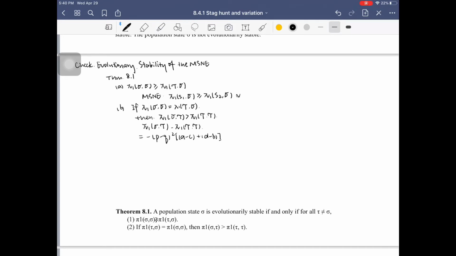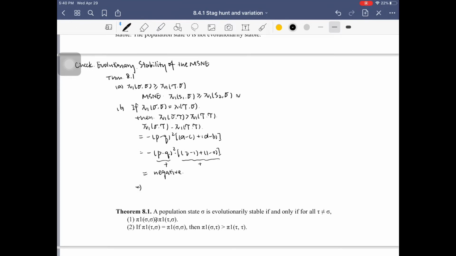It's an equation shown in the book, the final form after the induction, so we can directly use it. It's equal to negative p minus q squared. It's always positive for this part, and it's multiplied by 2 minus 1 plus 1 minus 0. So the second part is positive, so this part is negative and the overall result should be negative.